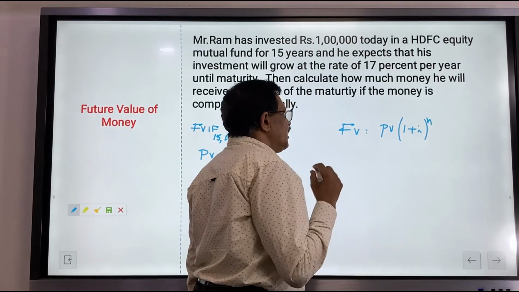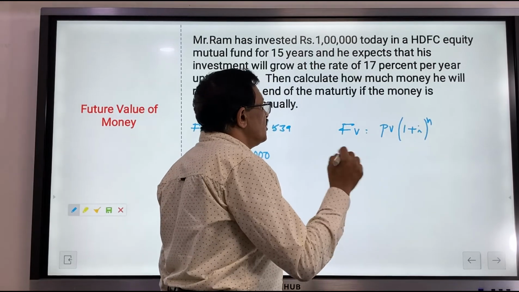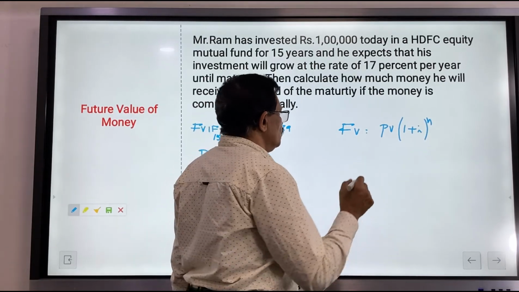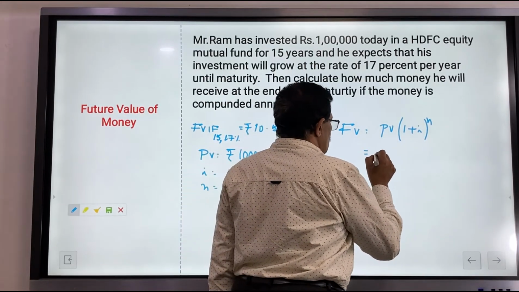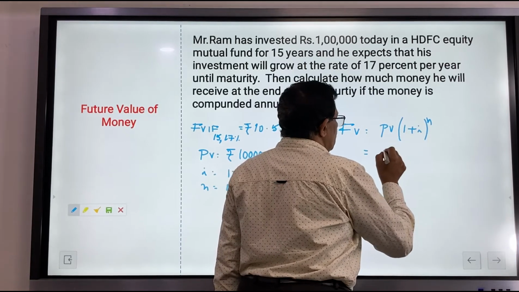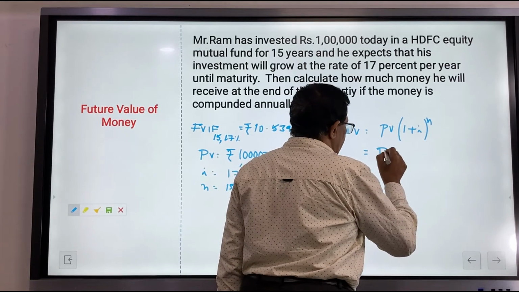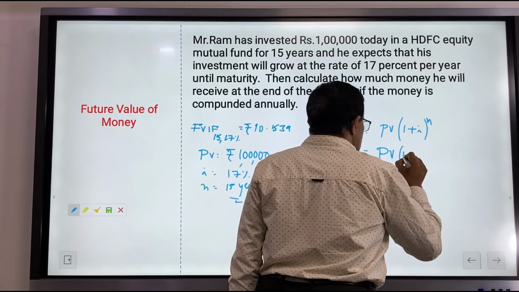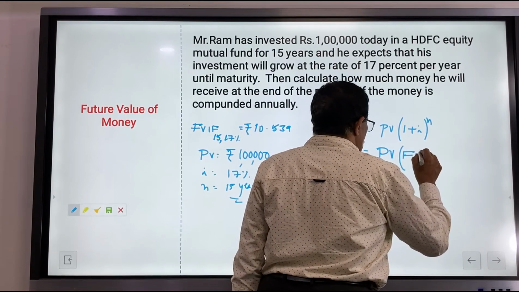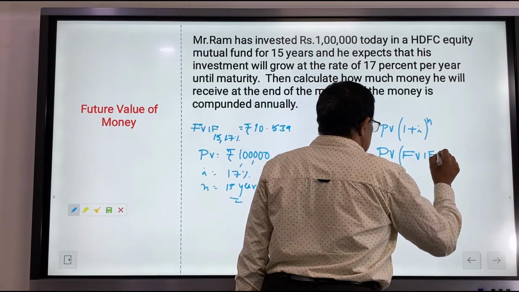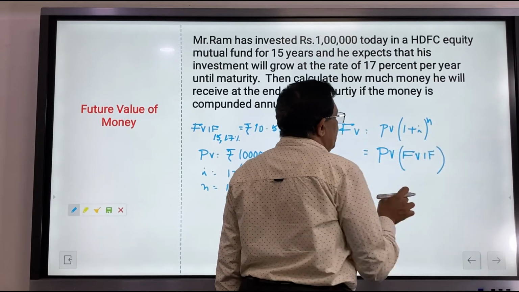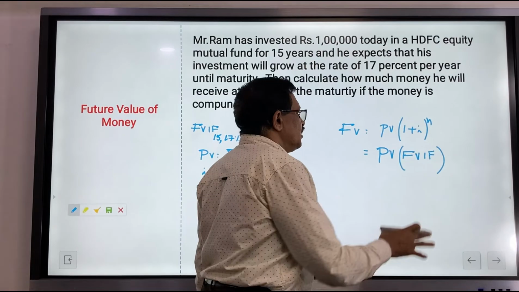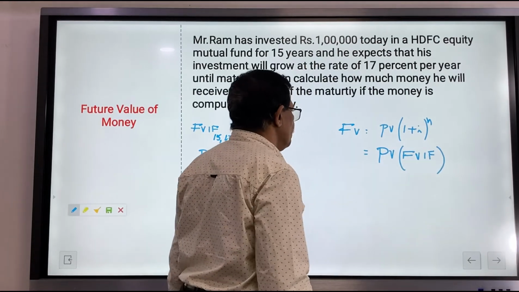When you are taking the table values to compute the future value, we are not going to use this formula, but we'll say it will be equal to the present value into the future value interest factor.